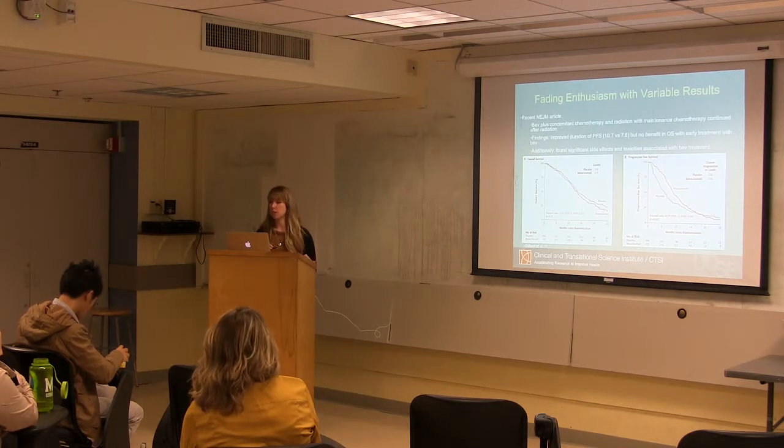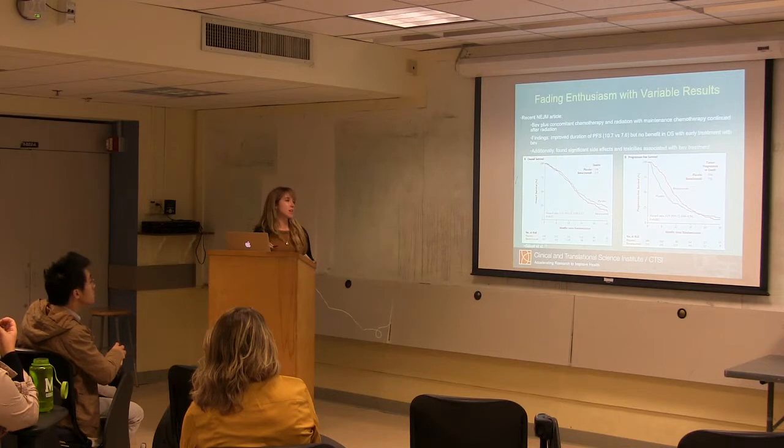But there's also bleeding and thromboembolic events as well. So this was a little frustrating because there was all this excitement about it, and now it seems like there's definite improvement in progression-free survival, but that's not really translating to overall survival in the patients.